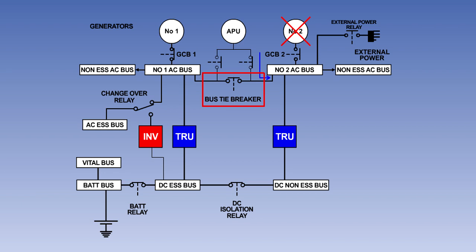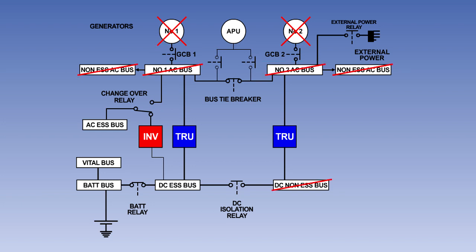In this case, the bus tie breaker will open once more to isolate the APU generator from the serviceable engine-driven generator. If both engine-driven generators should fail, once again their generator control breakers will open, disconnecting them from their busbars.